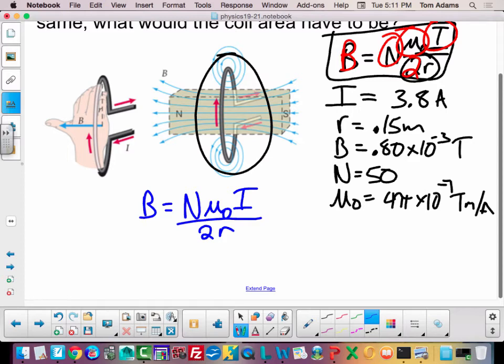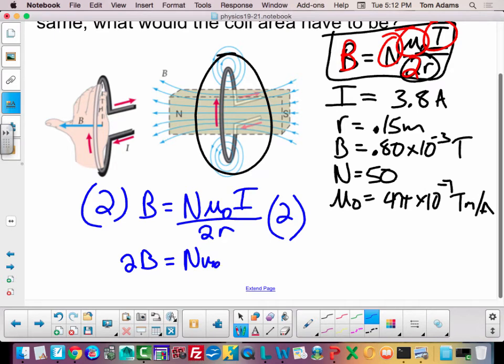If I multiply this side by 2 and I multiply by 2 over here, what I end up having is 2B is equal to N mu naught I all over, and this 2 cancels with this 2 under the R.